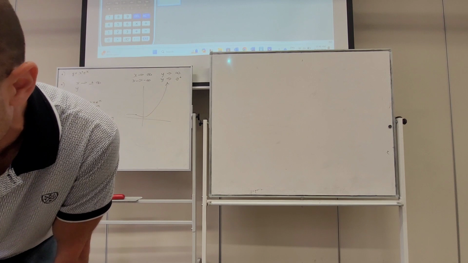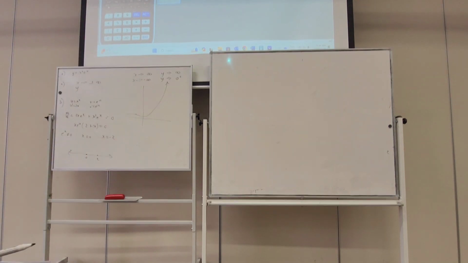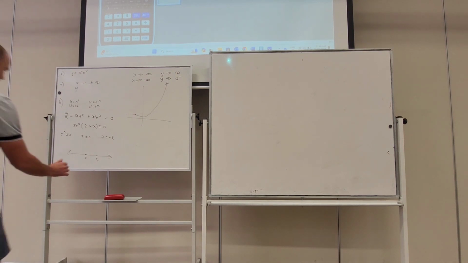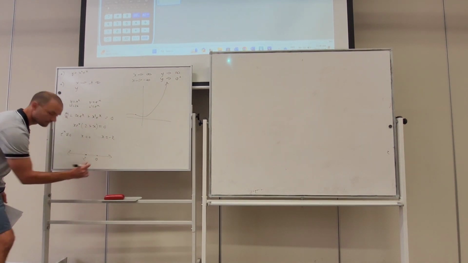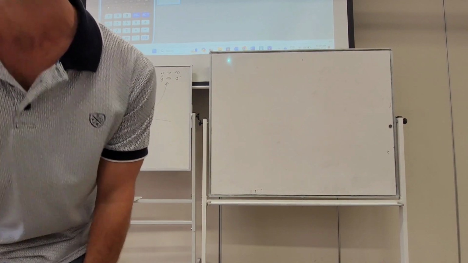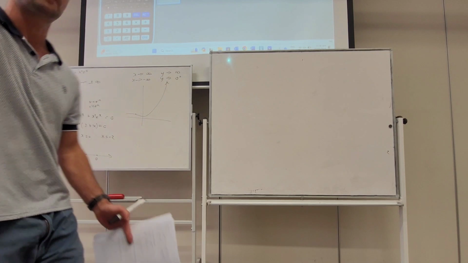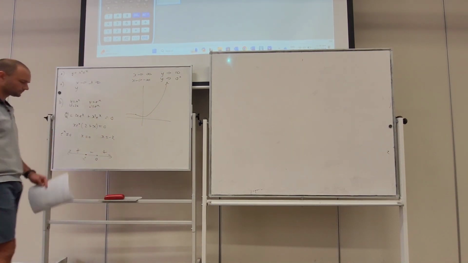So if I trace along it, the root is at x is minus 2. Oh, so I've drawn those around the wrong way, sorry about that. Minus 2 comes before 0. So the root is at minus 2, and then you can see if I go to the left of minus 2, my y value is positive. So we have positive, negative, positive.